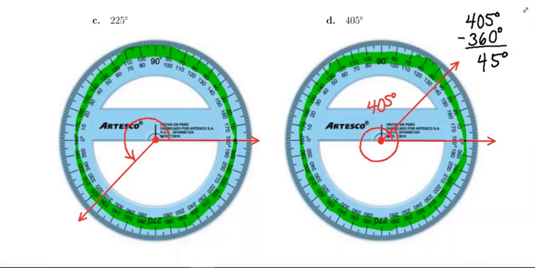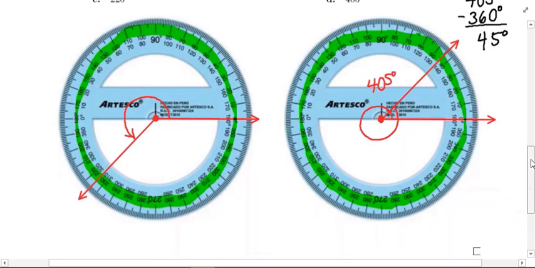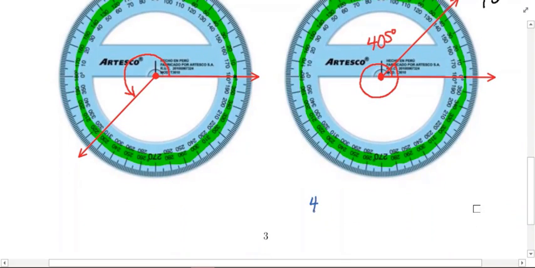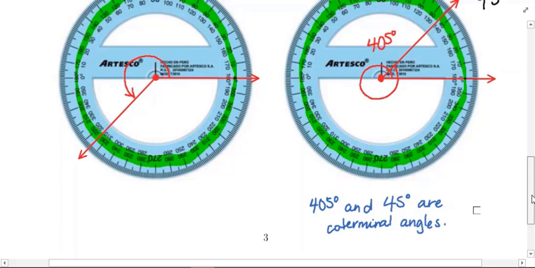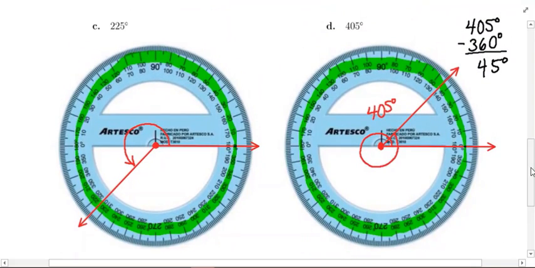I want to make a note here at the bottom. 405 degrees and 45 degrees are coterminal angles. We just drew 405 degrees. What does 45 degrees look like?